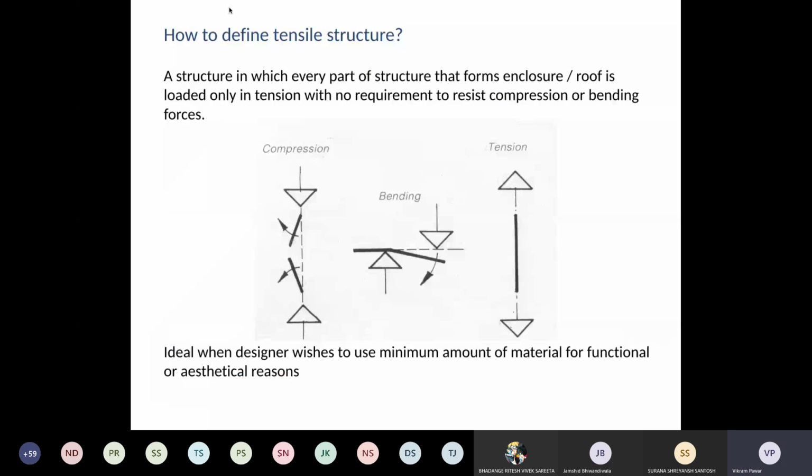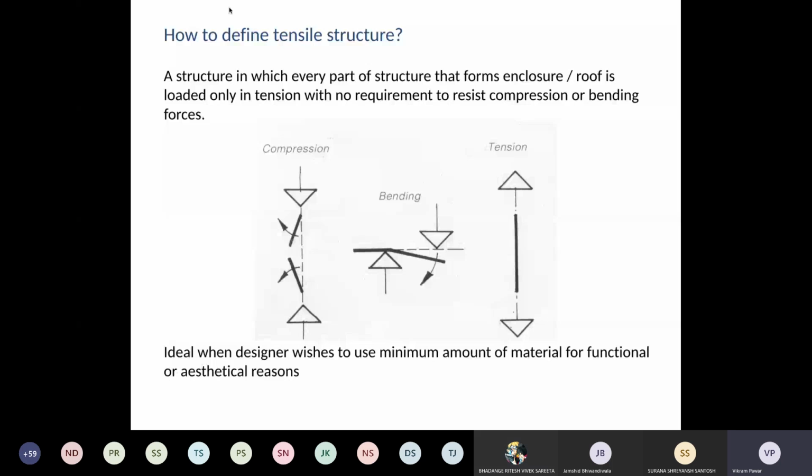Okay, so each one of you has experienced tensile structure in some form or the other, and it's very exciting to know what the tensile structure is about. Apparently it looks very simplistic. It's just like a fabric, like a tent.